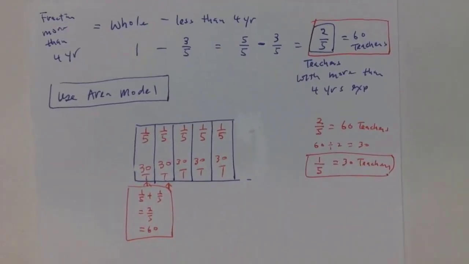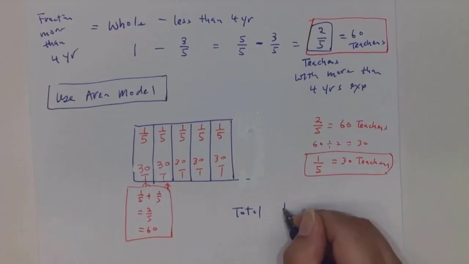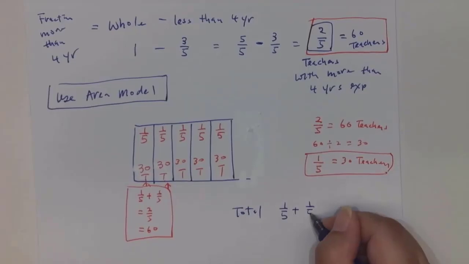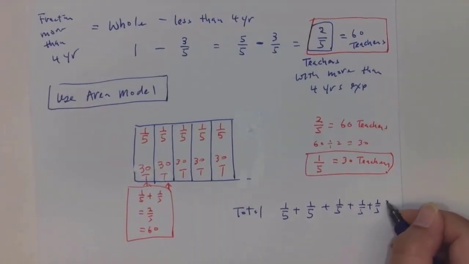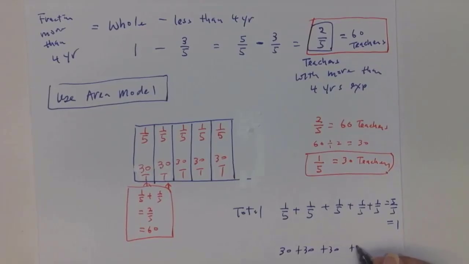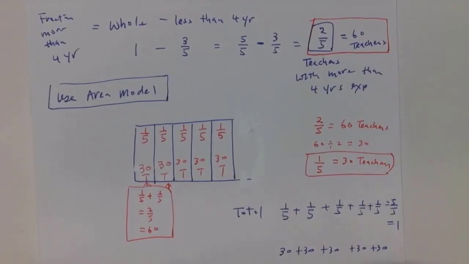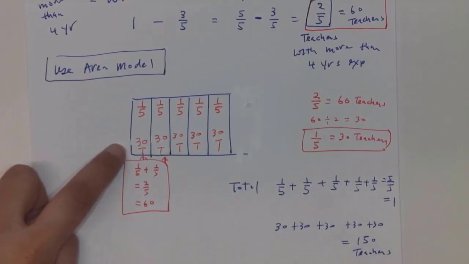So they want us to find the total. The total is going to be 1/5 plus 1/5 plus 1/5 plus 1/5 plus 1/5, right? Equal to 5/5 equal to 1, which is also the same as 30 plus 30 plus 30 plus 30 plus 30. Totally we have 150 teachers. So we know 60 is going to be more than 4 years.